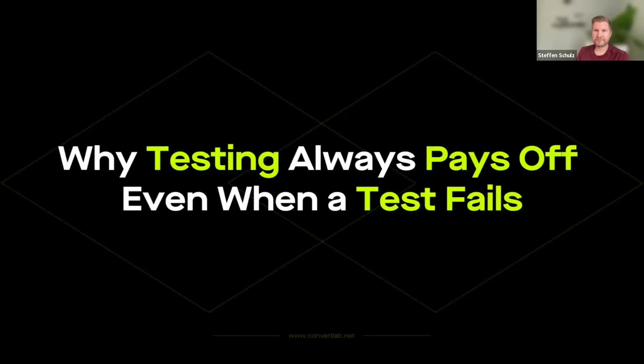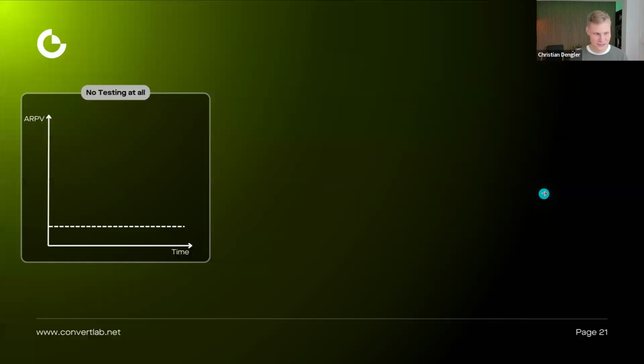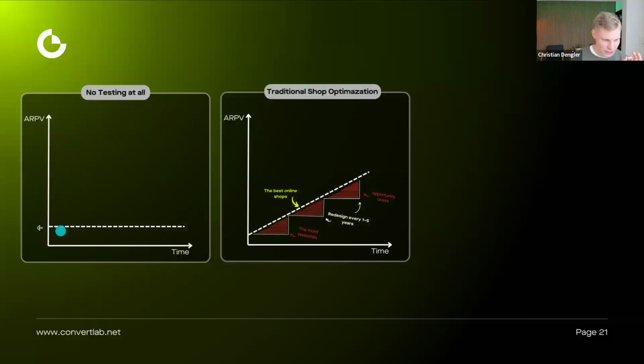Yeah, very good point. All right, then. One more thing, just to showcase that if you don't test at all, it will go around like this. So you don't really have improvement. Actually, it's even worse, because shops get better over time.